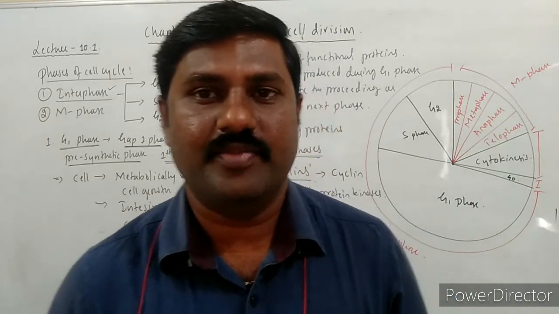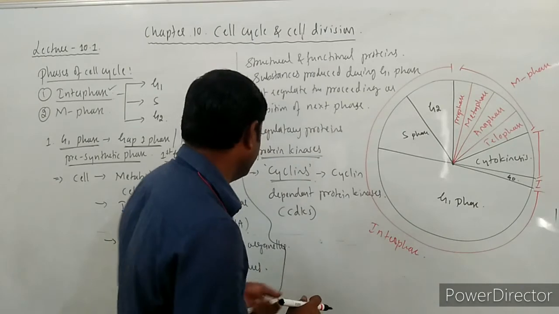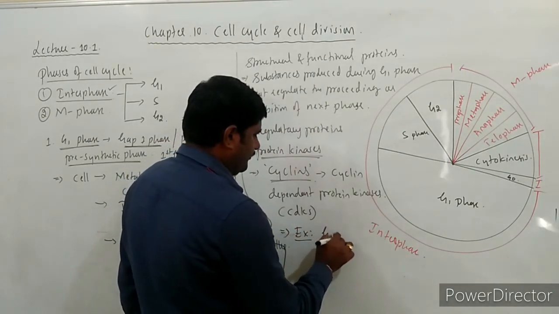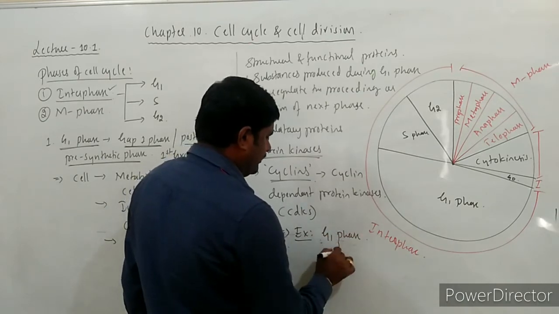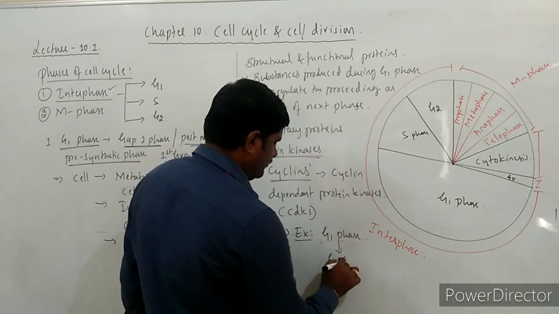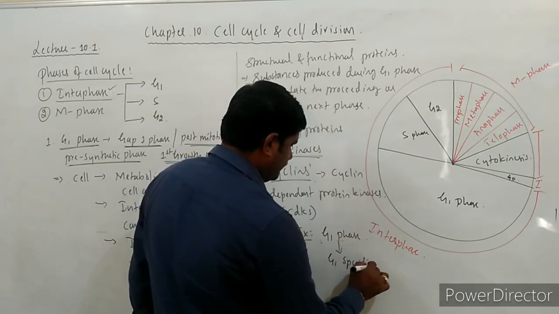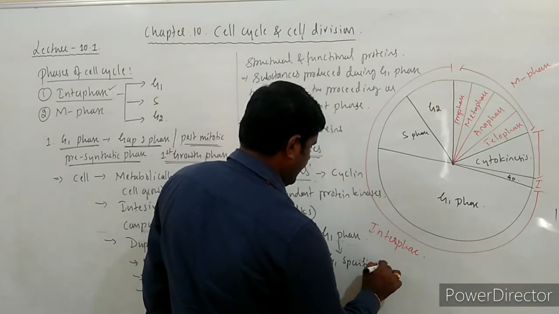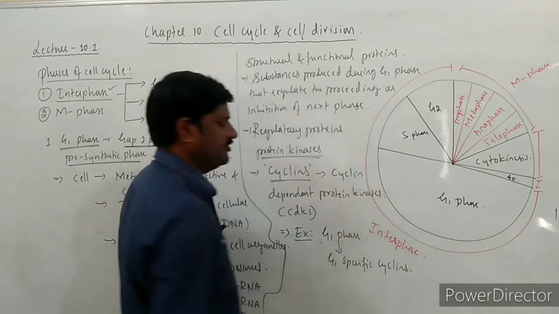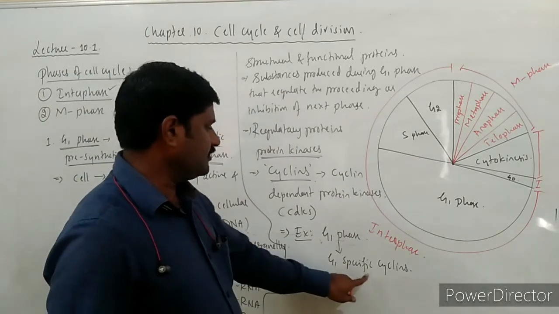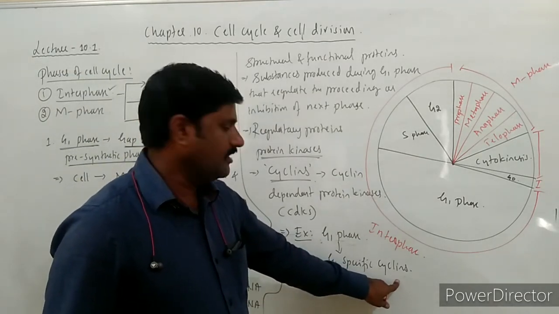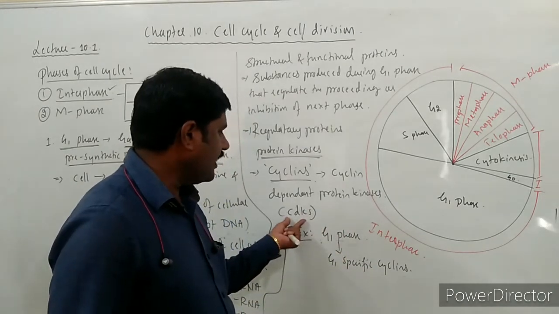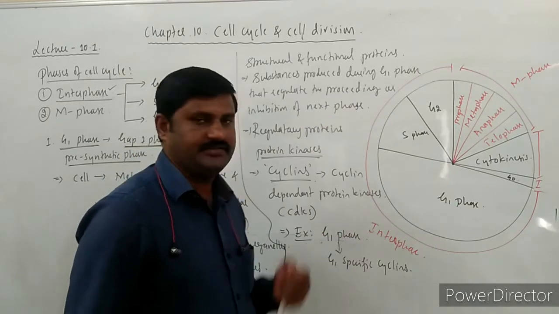See here what happens here. Specific means, for example, G1 phase is there. For this phase G1, specific cyclins are produced. G1 specific cyclins are produced here, and these cyclins, so they stimulate these CDKs and they regulate G1 phase.